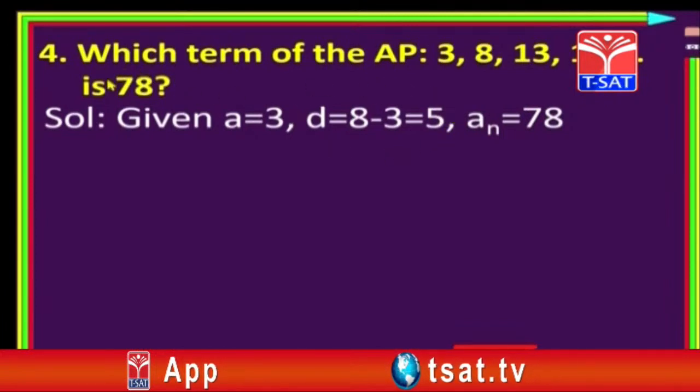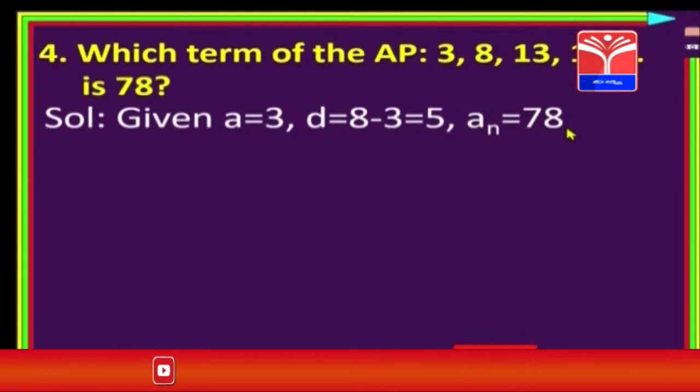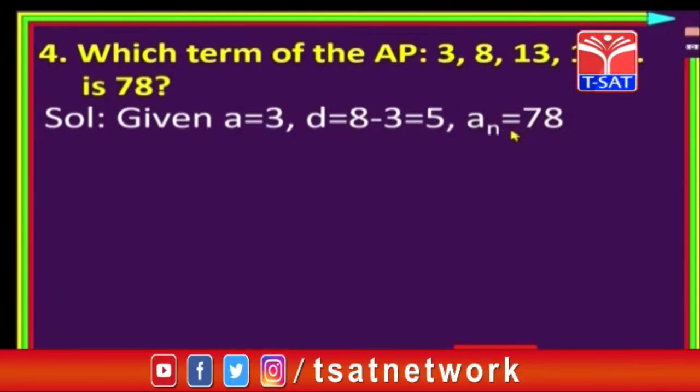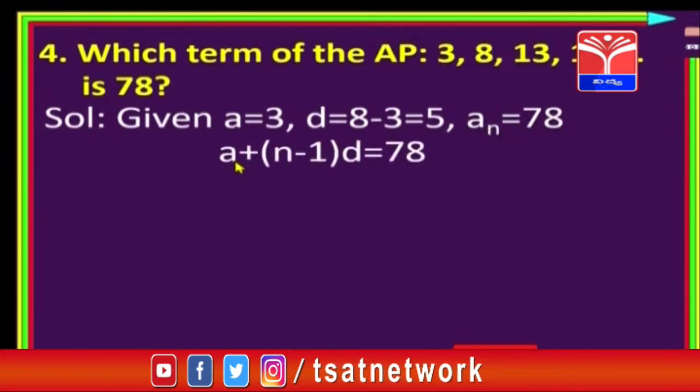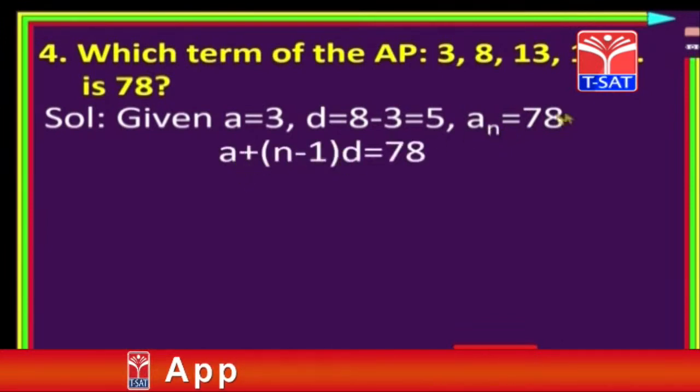And let us assume that A n is equal to 78. Now we have to find which term is 78. As we know the formula, what is the formula? A n is equal to A plus n minus 1 into D. A n is equal to 78, right? So A plus n minus 1 into D is equal to 78. Now substitute the values. What is the value of A? 3.